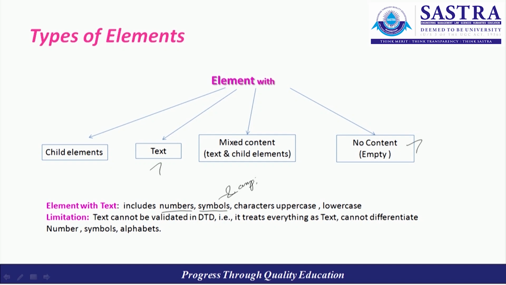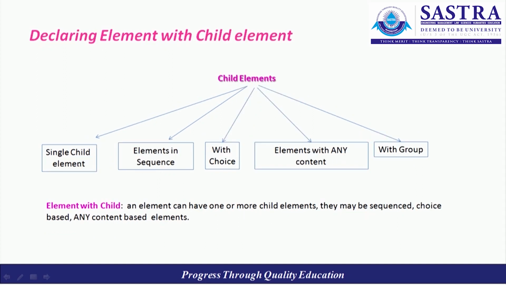Let us have the first type of element, which is carrying a child element. How to define it, and what are the different kinds of child elements we can have? In this video lecture, you will be able to learn defining an element to carry only a single child element. So this is the first one we would like to have. An element can have one or more child elements.